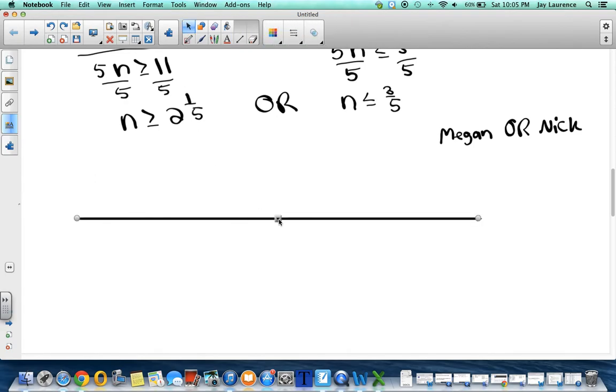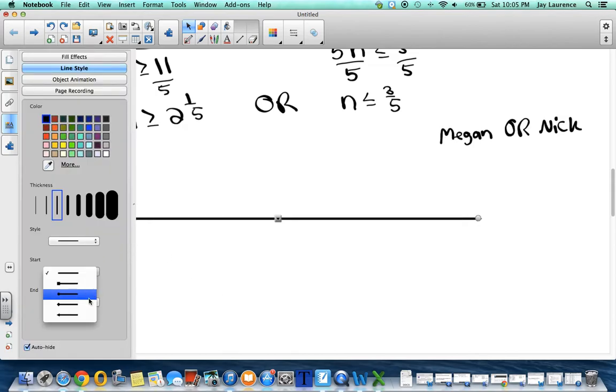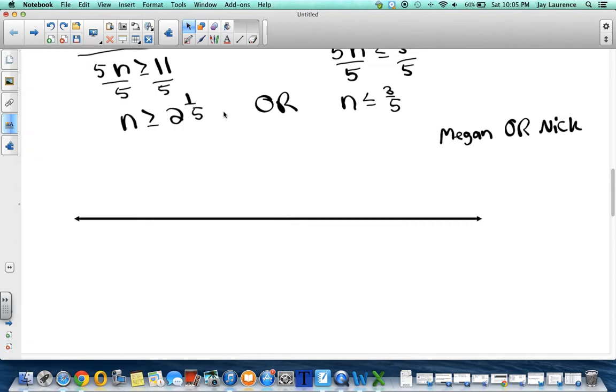Let me get an arrowhead on the starting endpoint. I'm going to show on my number line these two numbers, 2 1/5 and 3/5. So there's 3/5 right there, and maybe that's 1, and then 2 1/5 might be over here.